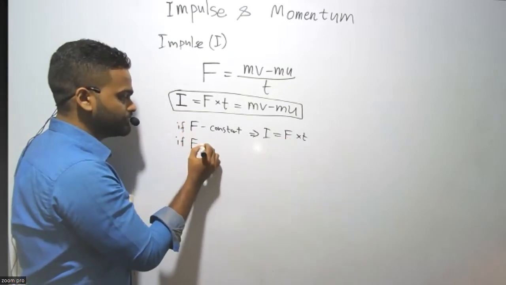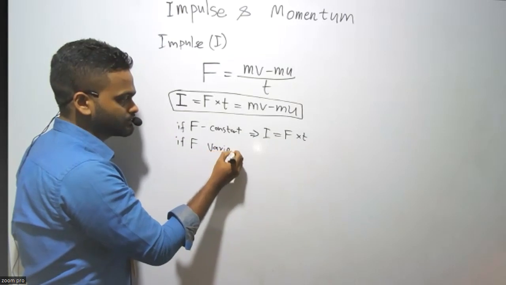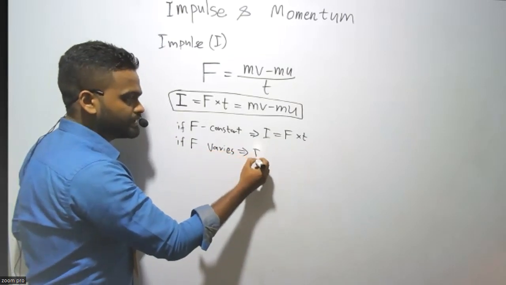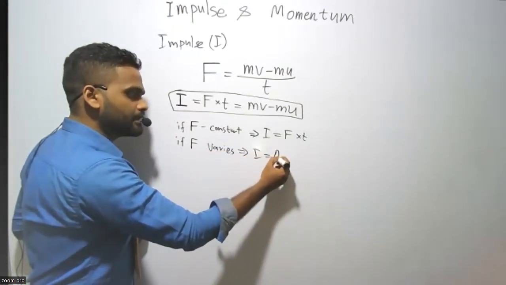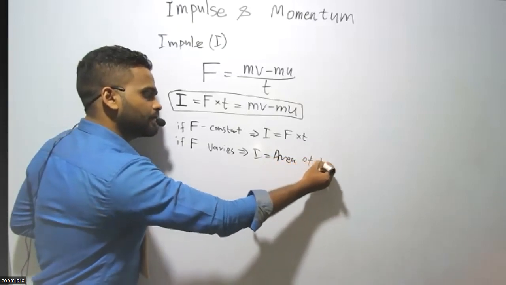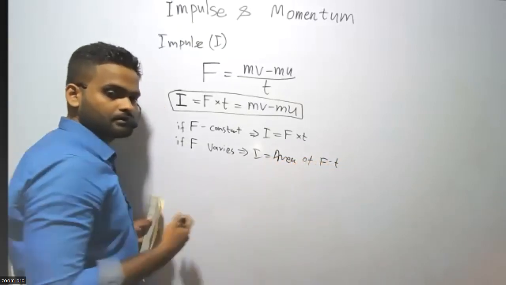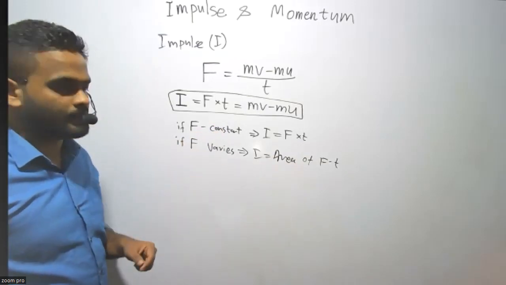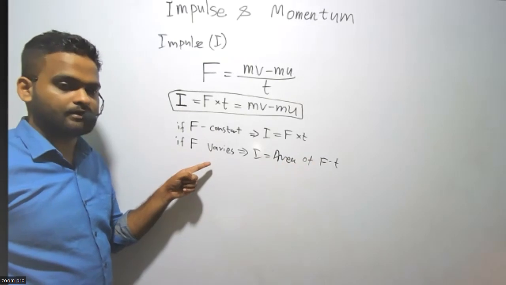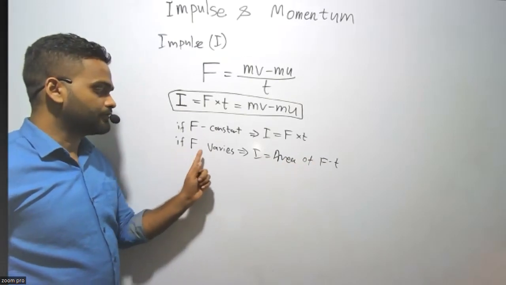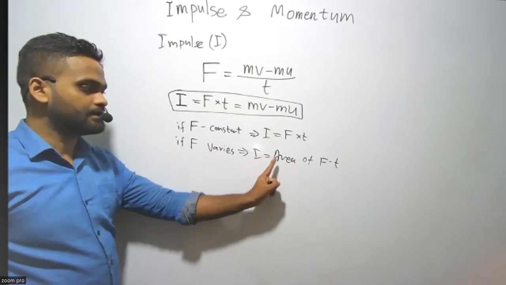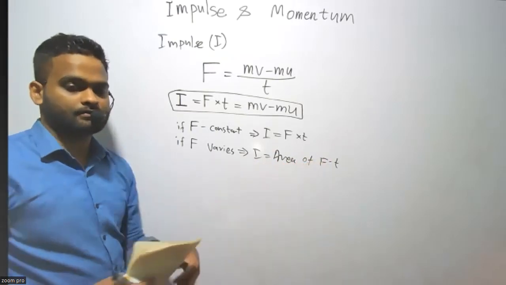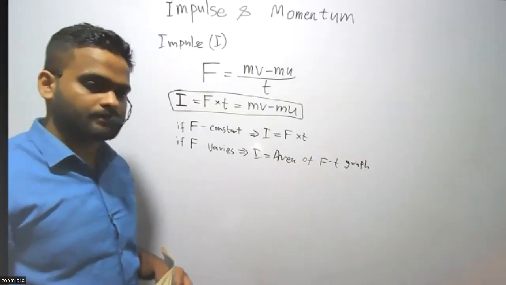If F varies, in order to find impulse, you have to get the area of the Ft graph. Take these 2 down. You will understand what I'm saying when we are doing questions. If F varies, I equals area of Ft graph.